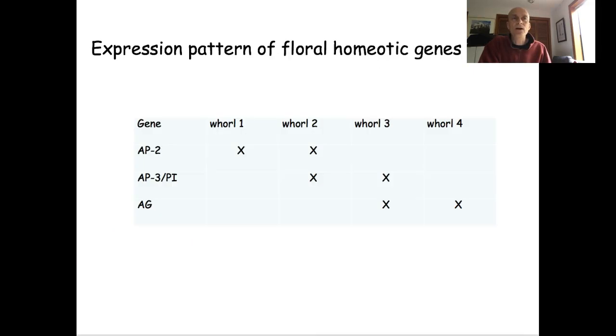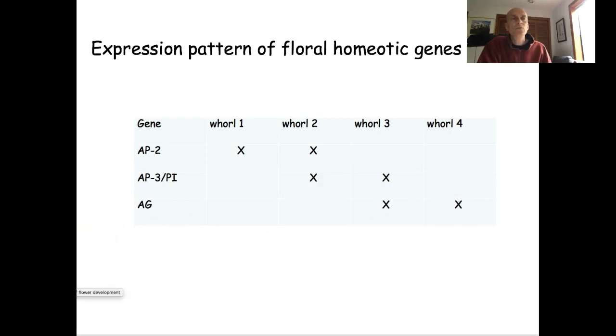So put that all together: if we look at the expression patterns of these floral genes, for AP2 and AP3 or Pistillata or Agamous, we have expression either in whorl 1 and 2, or in whorl 2 and 3, or in whorl 3 and 4.